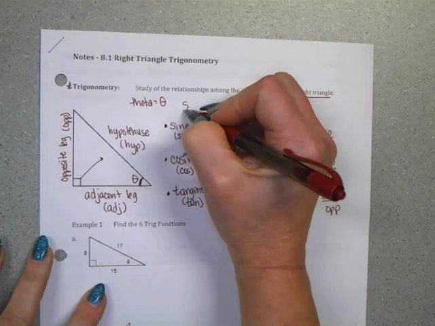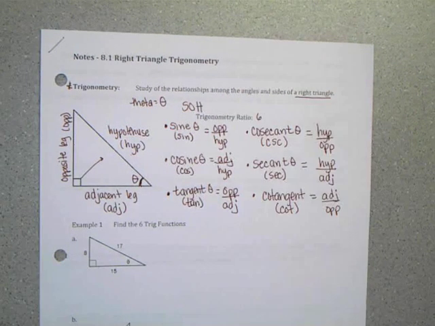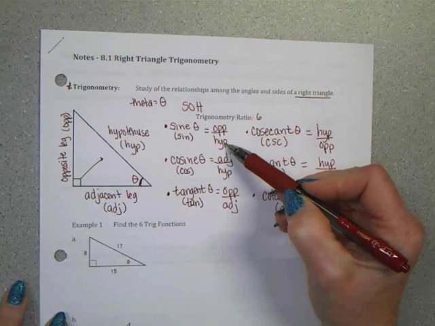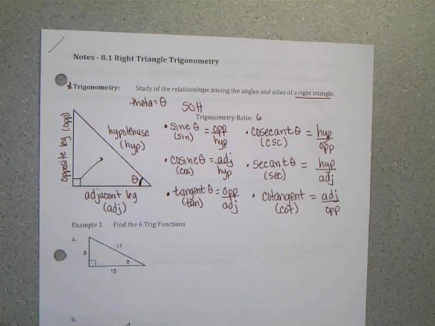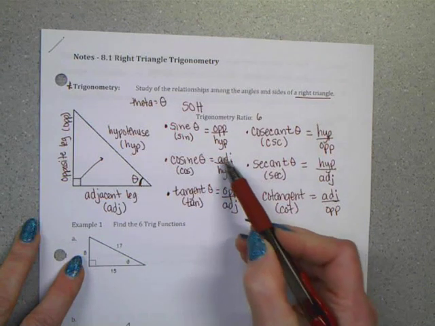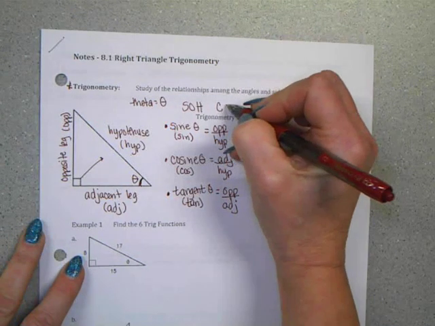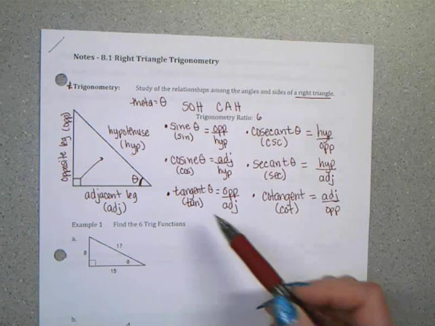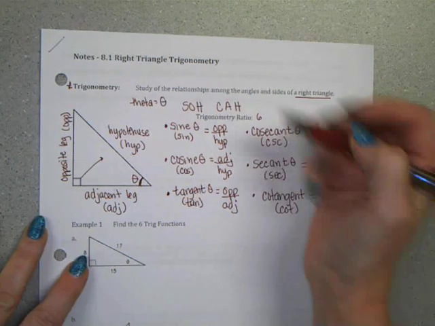So they use the 3 letters SOH. So sine is opposite over hypotenuse. Then the next word they have represents cosine, which is adjacent over hypotenuse. And then the third is tangent, which is opposite over adjacent.